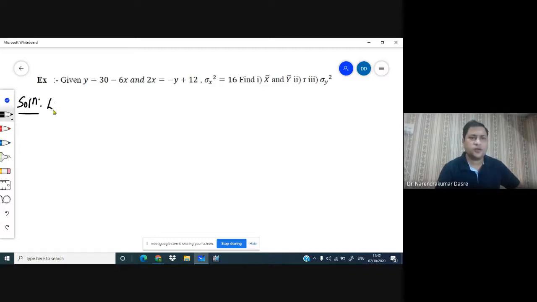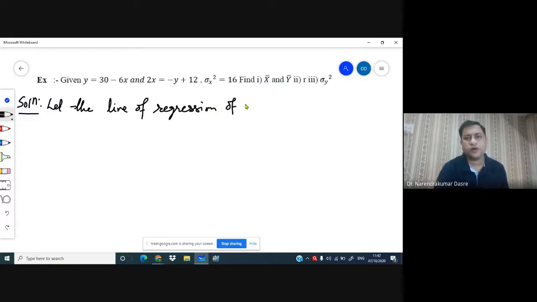The line of regression of y on x. What is the line of regression?